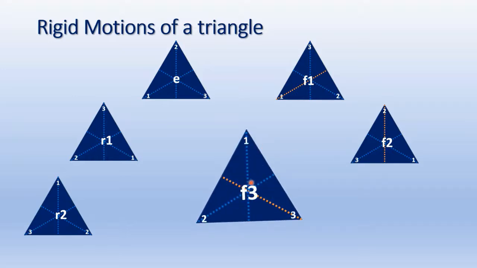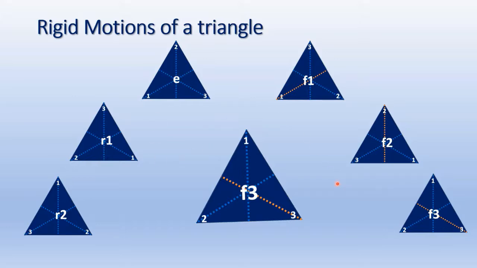So the new labeling is F3. We have 2, 1, 3. So these are the 6 ways of arranging these three numbers 1, 2 and 3. These 6 labelings are the only possible ways.